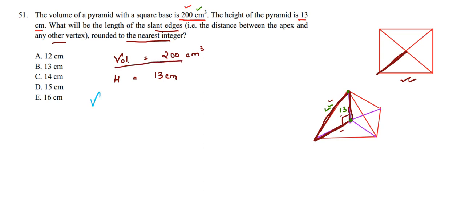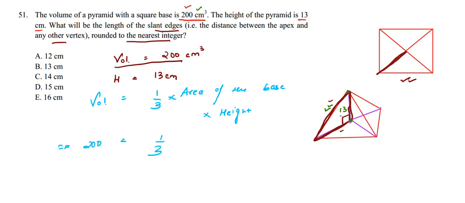We know the formula of the volume of a pyramid, that is 1/3 into the area of the base, which is found by the square of the sides, into the height of the pyramid. We have the data here. Volume is 200 centimeter cube, which is equal to 1/3. Area of the base is the side squared.